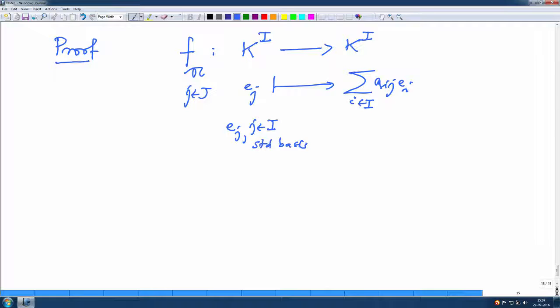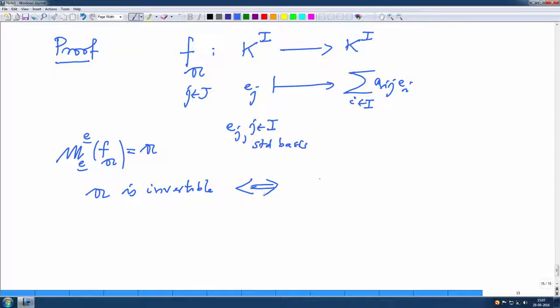Now the matrix of F_A with respect to the standard basis is the given matrix A, and we have proved a matrix is invertible if and only if the linear map is an automorphism. So A is invertible if and only if F_A is an automorphism.